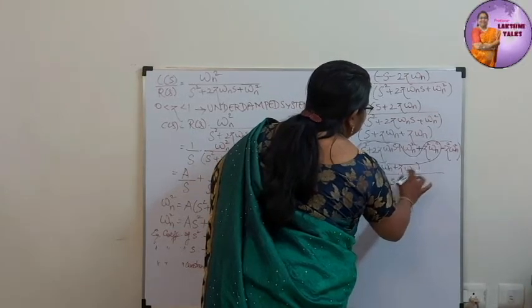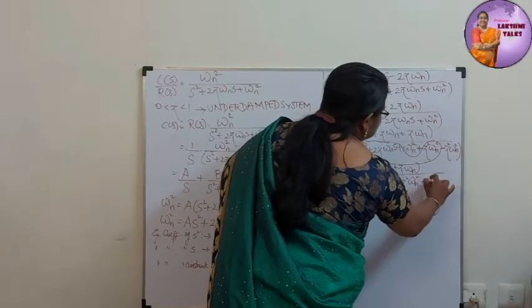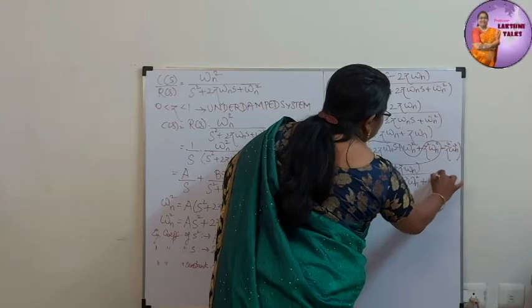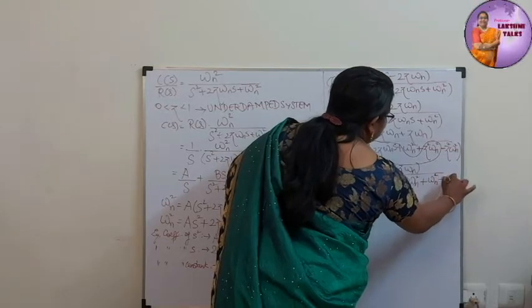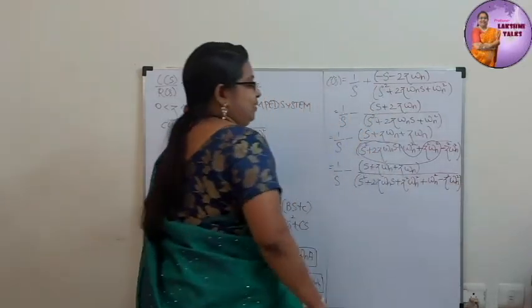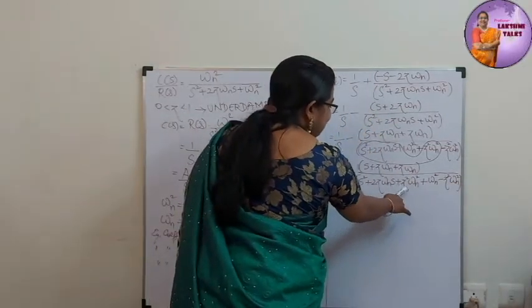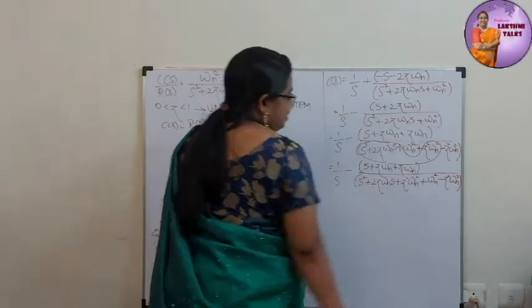I am just rearranging, plus omega n square minus zeta square omega n square.